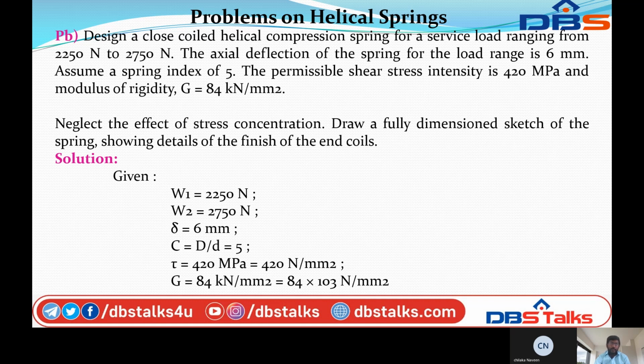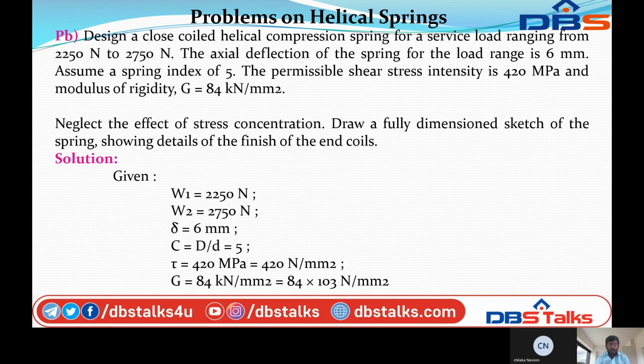So from this problem the given data: W1 is equal to 2250 newtons, W2 is equal to 2750 newtons, delta is 6 mm, and assuming spring index C is equal to capital D by small d is equal to 5. Permissible shear stress intensity tau is equal to 420 megapascals.